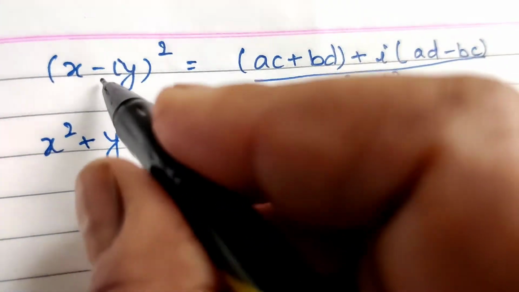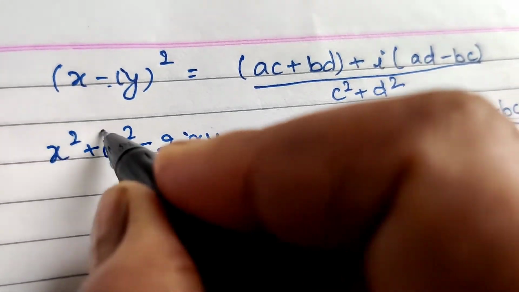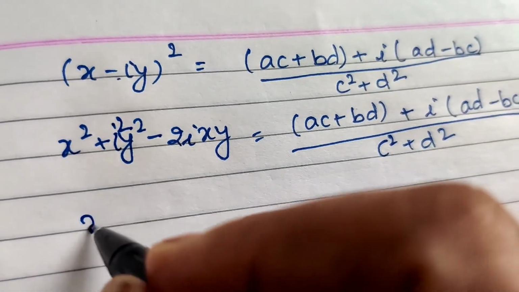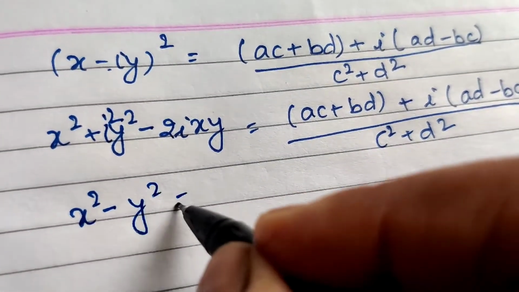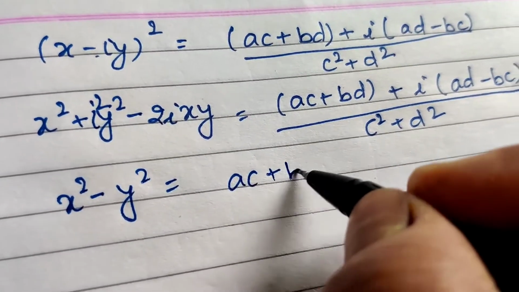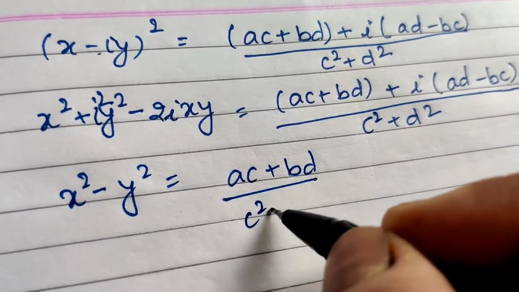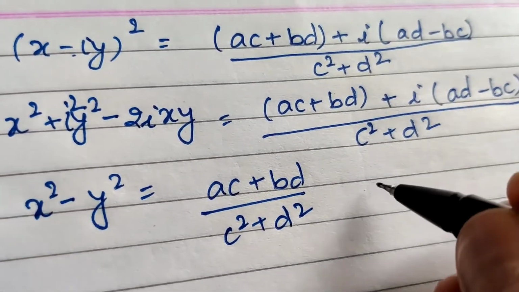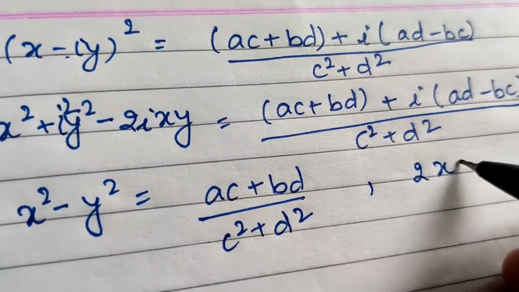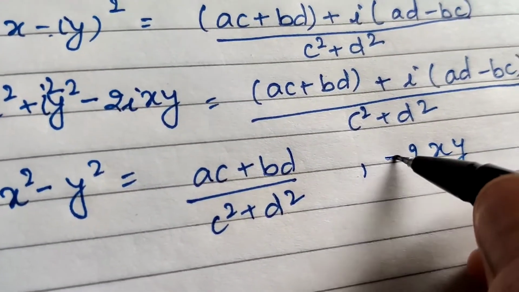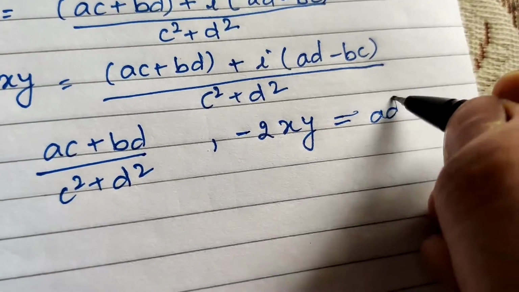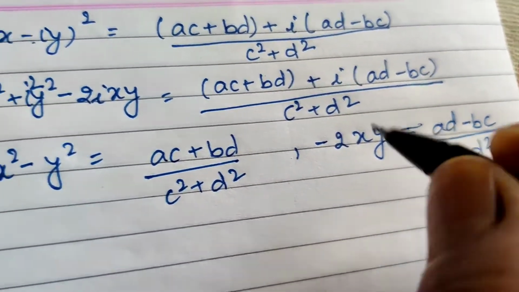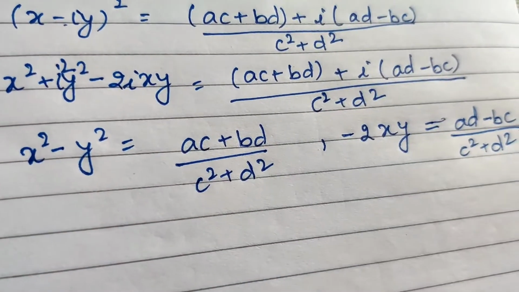So we can write x square minus y square equals (ac plus bd) by (c square plus d square), and minus 2xy is equal to (ad minus bc) upon (c square plus d square). Separate the real part and imaginary part.